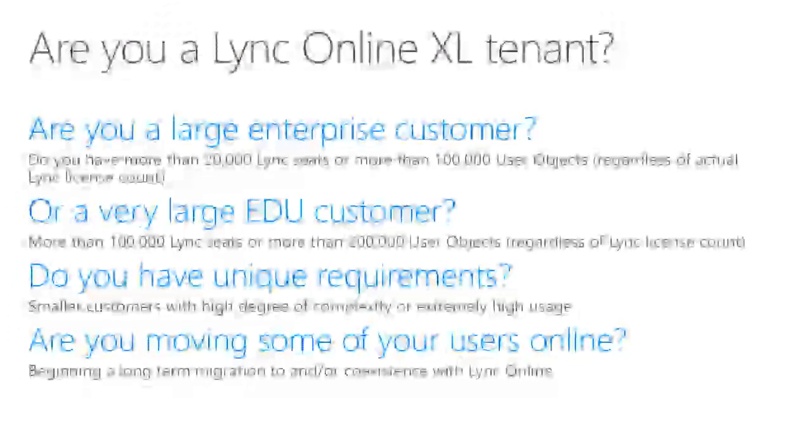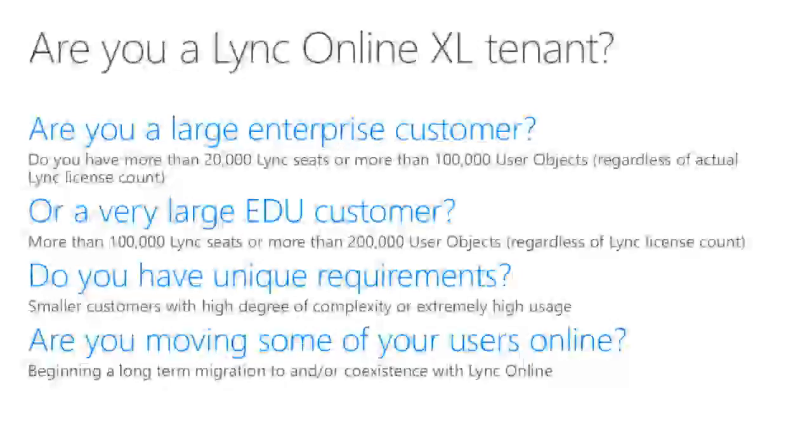So what is an Excel tenant? Are you one? Well, we've somewhat arbitrarily set a stage at around 20,000 users, 20,000 Lync seats for enterprises to categorize them as an Excel tenant.